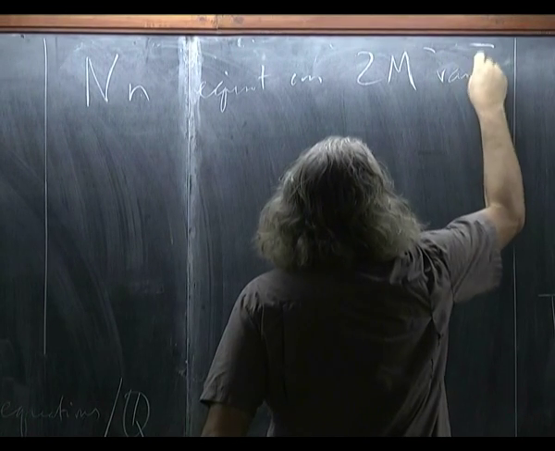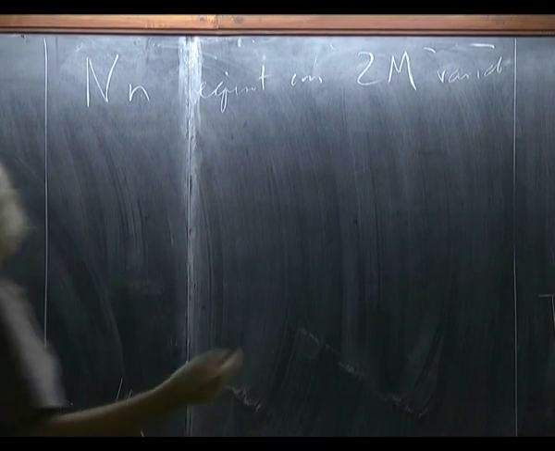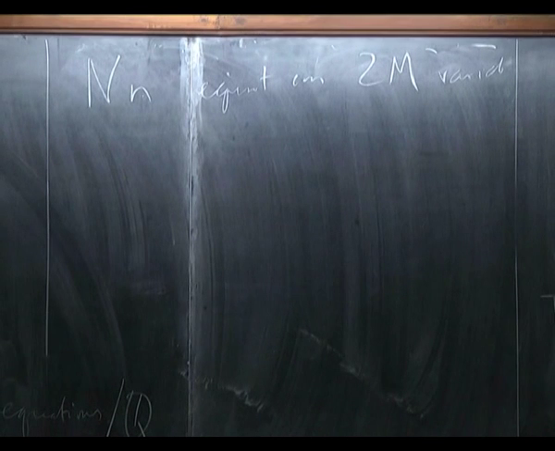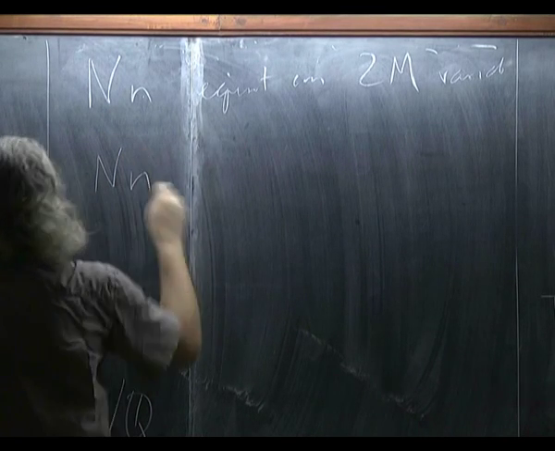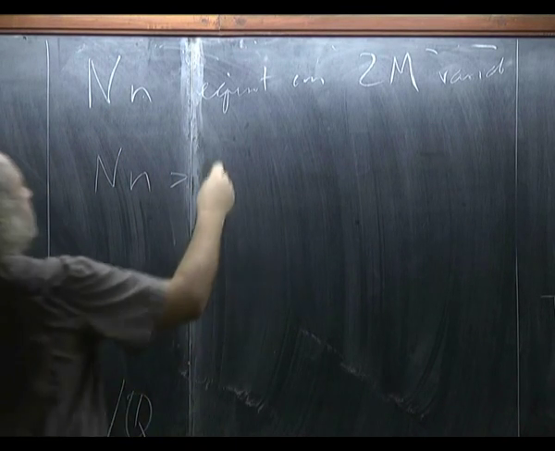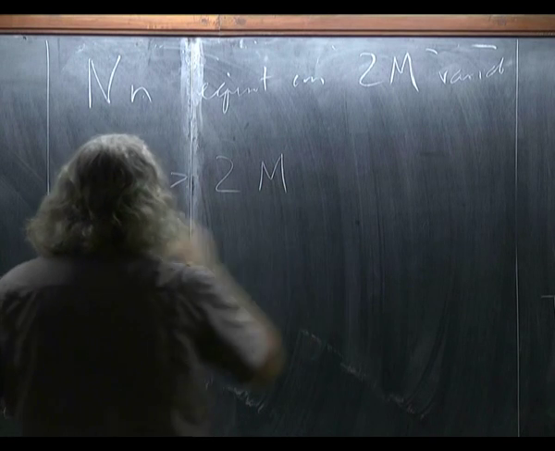To have a non-trivial solution, we need the number of variables to be bigger than the number of equations.